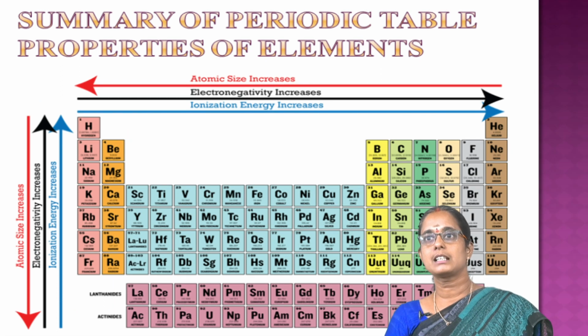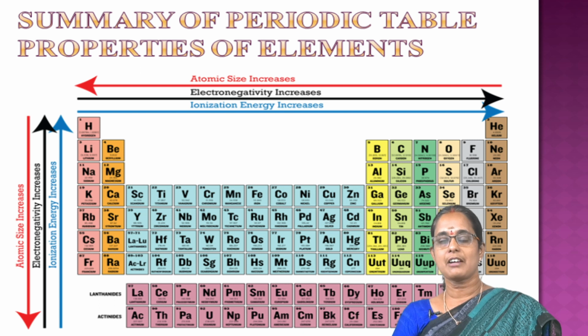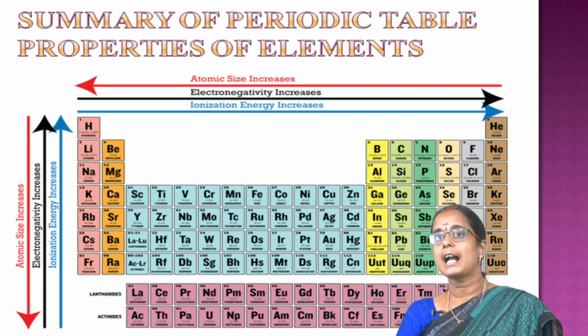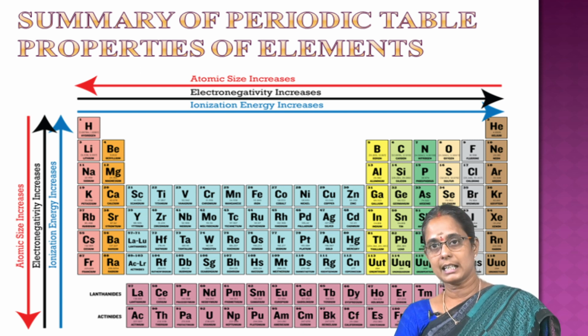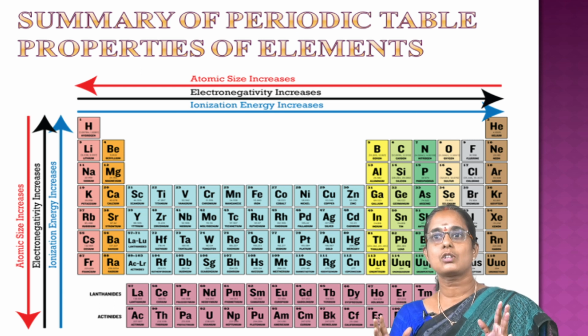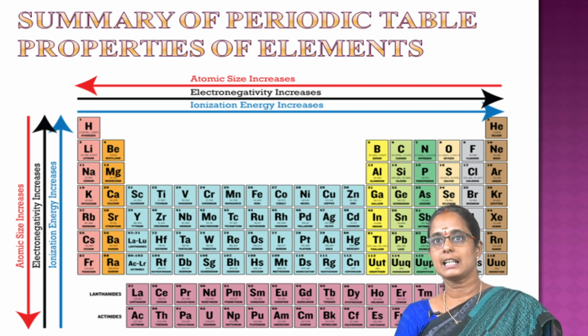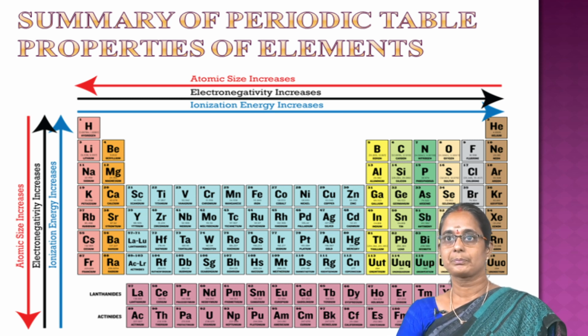Conclusion in the periodic table. When moving from left to right in a period, atomic radius decreases, ionization potential increases, electron affinity generally increases and the electronegativity increases.